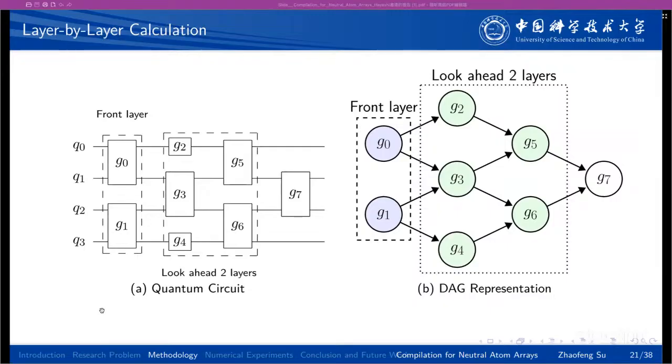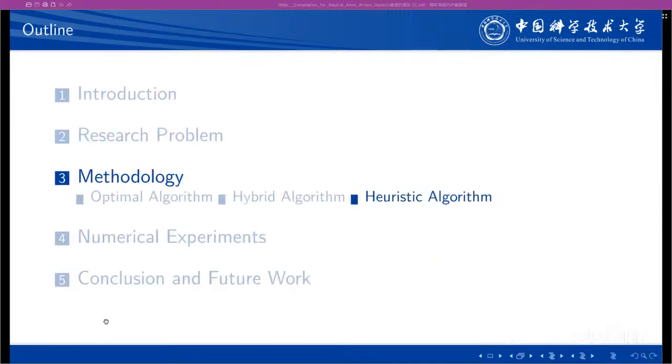The outcome will not be optimal, but nearly optimal. But the problem is that the time is not so efficient. So then we developed a heuristic algorithm to get time efficiency, and the result is also acceptable.